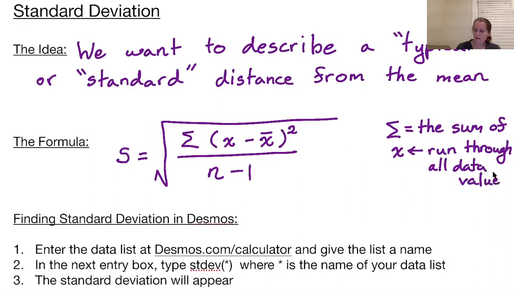So the sum of, meaning we will do x, a data value minus the mean, square it, and we will do that precise thing for every single data value we have. X bar, once again, is the mean. And n is the number of data values or our sample size.